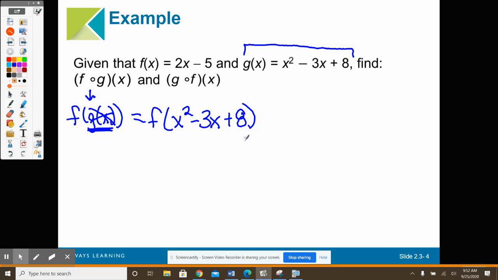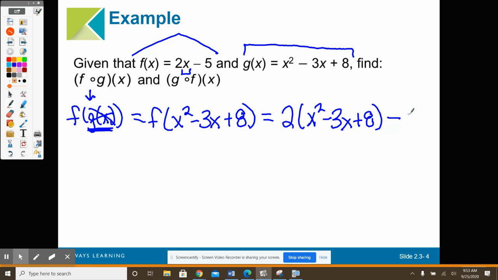Now that looks weird, yes, but this is a set of directions. It's telling you to go to function f. Here's function f. Take out the x, you have to take it out, and put in its place, in parentheses, all of this. So my new guy will be 2 parentheses, x squared minus 3x plus 8, minus 5.